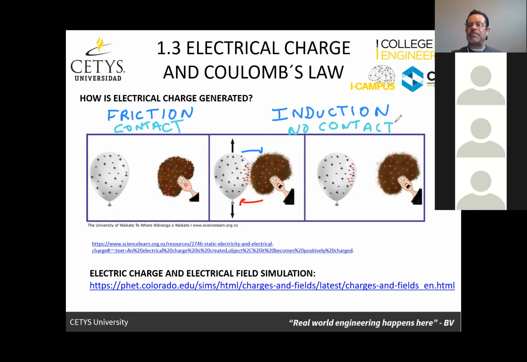When something happens by induction, it means that I'm transferring one type of energy from one place to another without there being contact. So whenever we talk about a phenomenon that has to do with induction, it means that there's no contact. Electrical charge can be generated by induction as well.